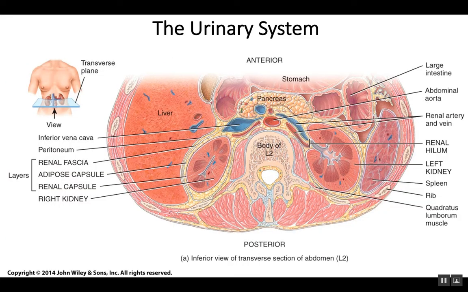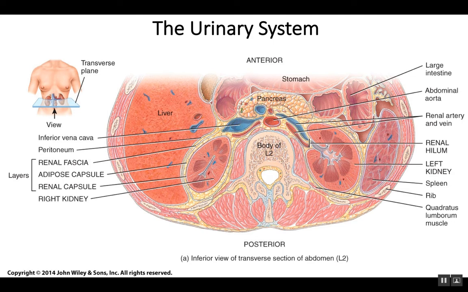This is just another picture giving us a good idea of where these kidneys are located. This is a transverse section at about L2, and we're looking up at these organs. So note the view. We're underneath looking up. A couple things to note. One, the kidneys are retroperitoneal.